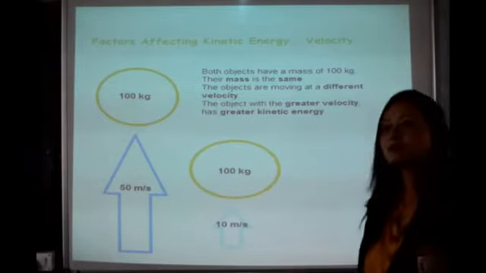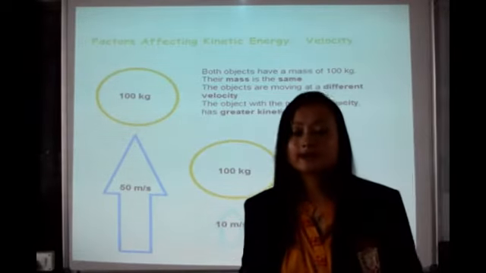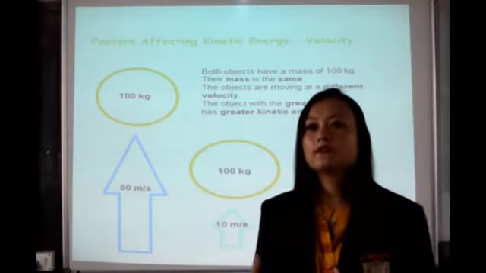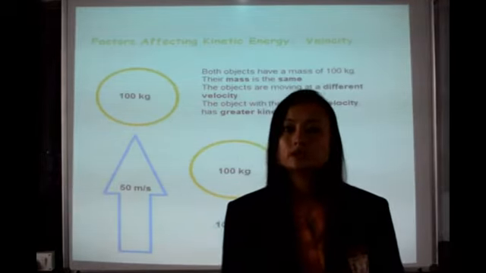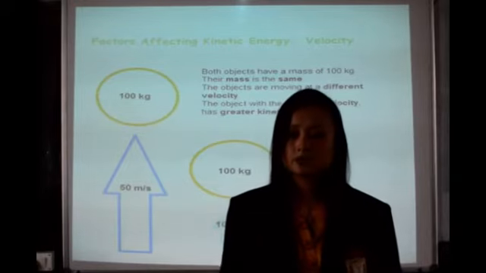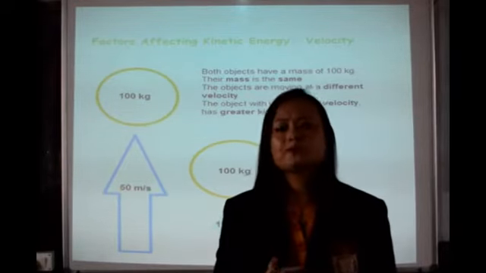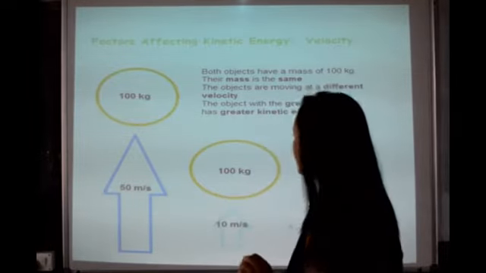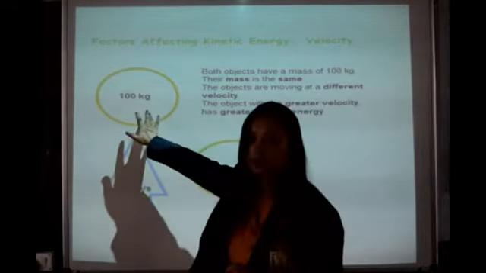The second factor kinetic energy depends upon is velocity. I've already discussed that the more the velocity, the more will be the kinetic energy. So there are two objects which have the same mass, say 100 kg and 100 kg.